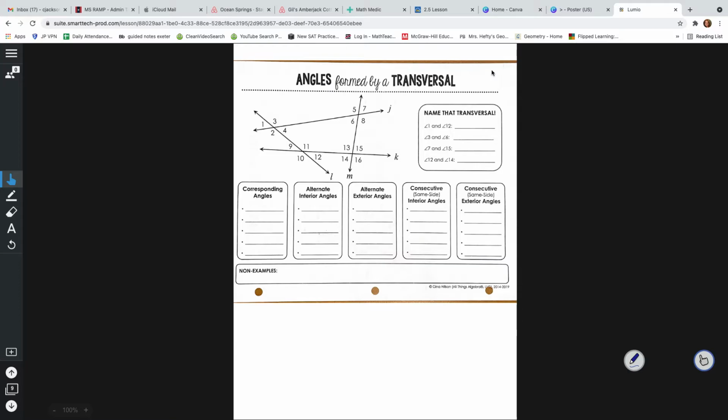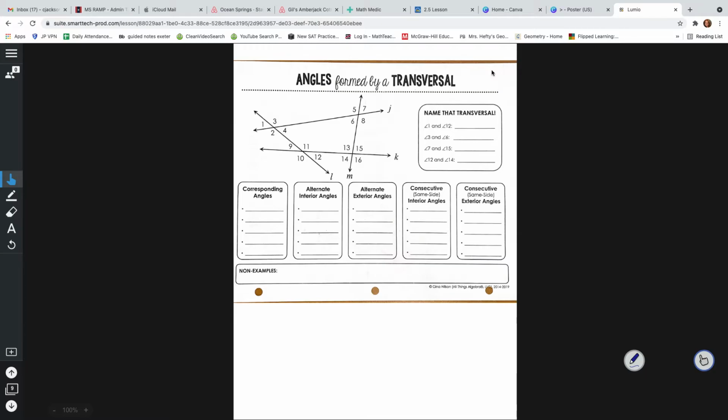Remember that a transversal is the line that intersects 2 other lines, 2 or more other lines. So at the top where it says name that transversal, it says 1 and 12. So when you're looking at angle 1 and angle 12, what is the transversal that those two are on?